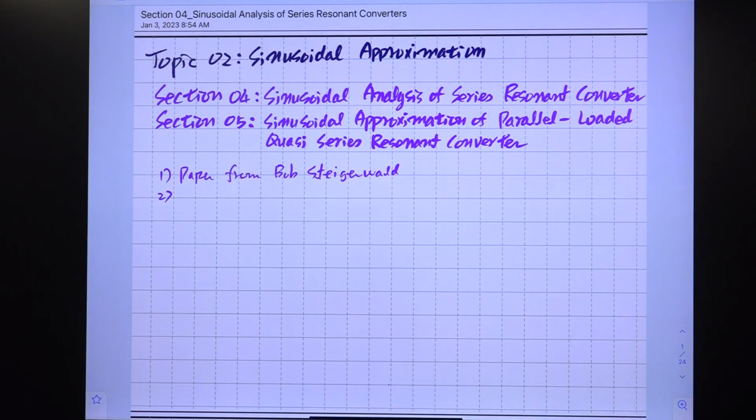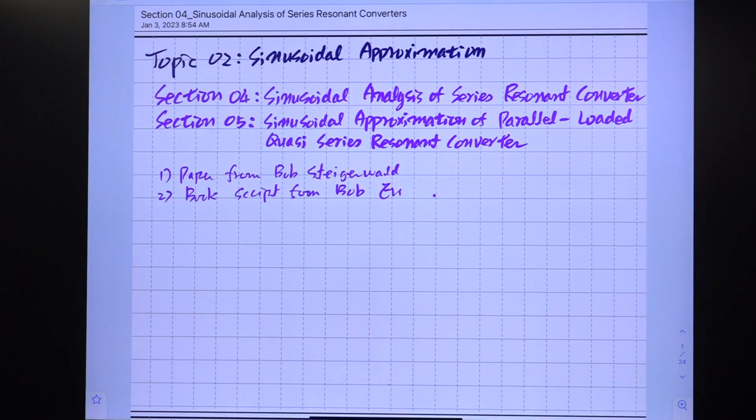The other one is a book script, from Bob, but a different Bob, Erickson.